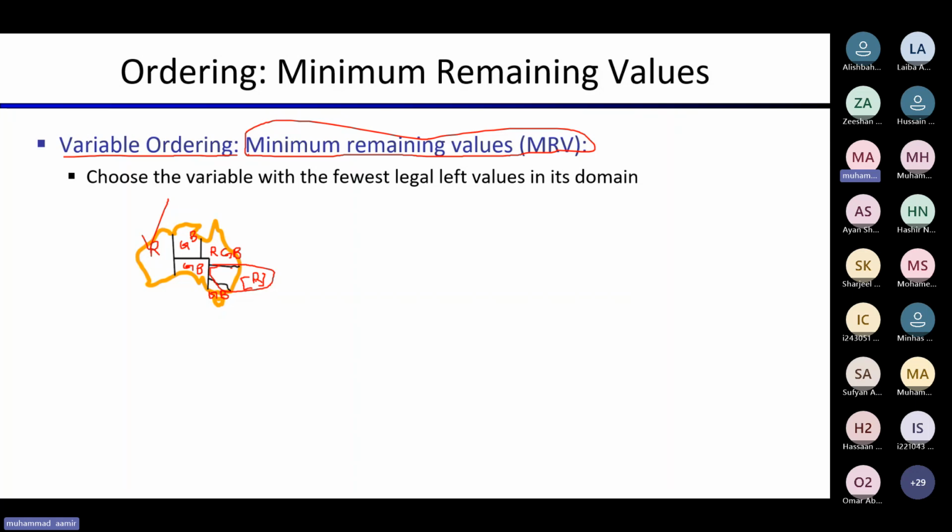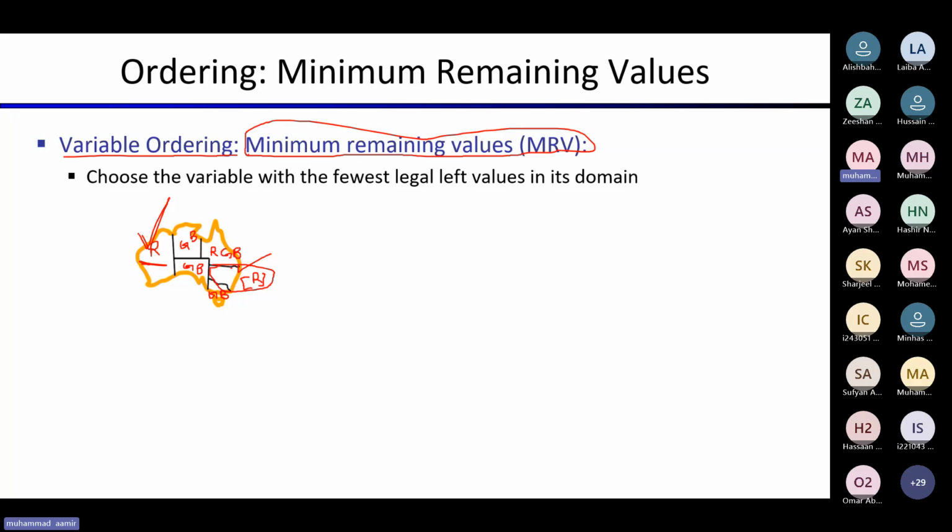The thing is, we are actually trying to fail as early as possible, so that we have to do very little backtracking. We want to fail early. We want to see if we can assign red to this state. Let's pick the next variable which has the minimum remaining values, so that we can check whether we can assign this value to it. If we cannot assign it, we should reassign this red; this should not get red, it should get another color, so its domain will change.